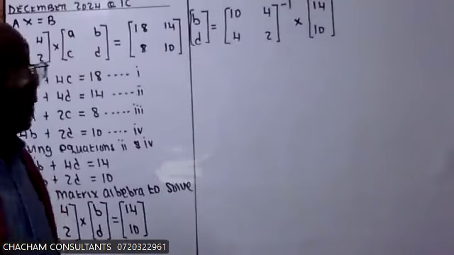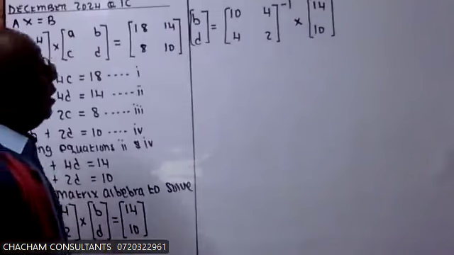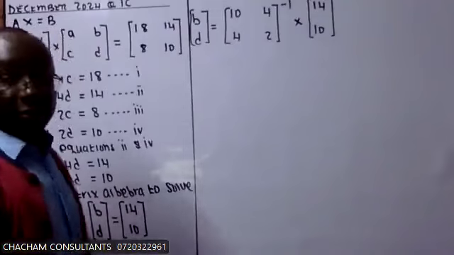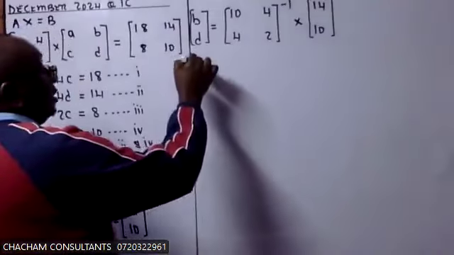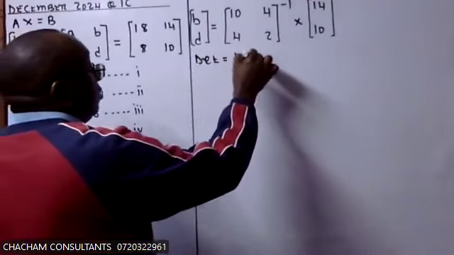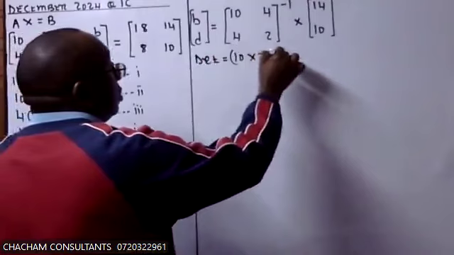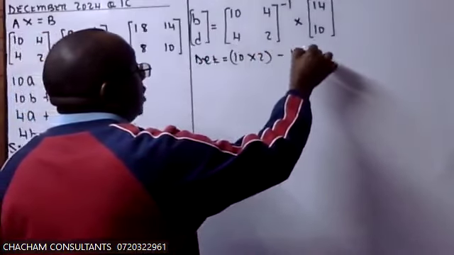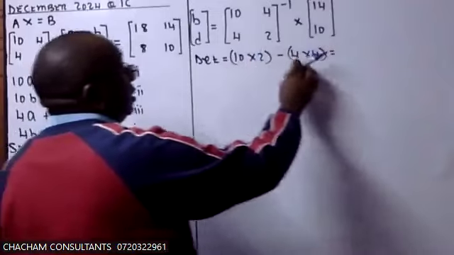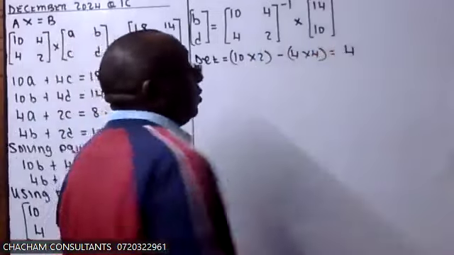So sasa, to get the inverse, tukasema you get the determinant first, which is 10 times 2 minus 4 times 4. This is what we had in the other one. So this is 20, this is 16. So that gives us 4.